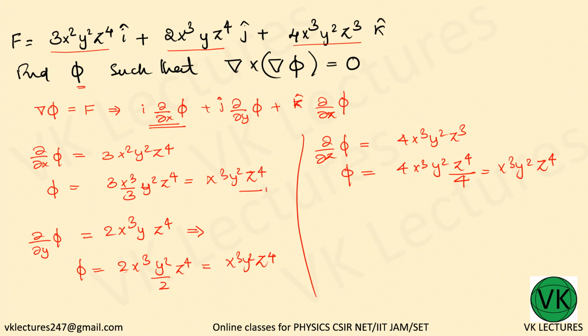So all three terms are the same. So we will write phi is equal to x cube y square z to the power 4 plus some constant.